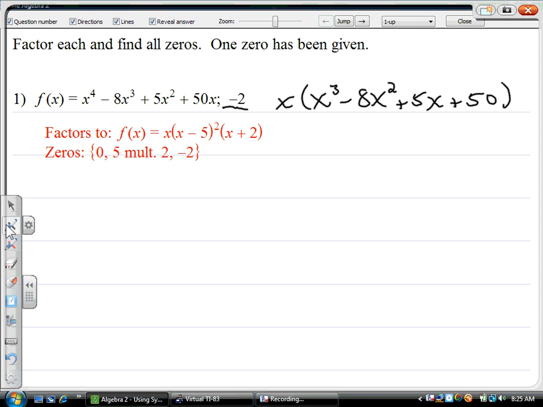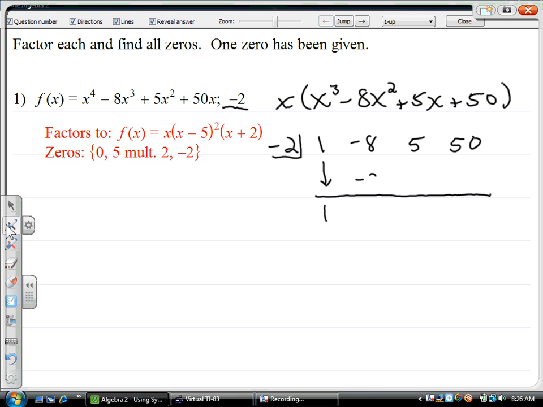So what we do is we put a root of -2 in a little box right here, and we bring down the coefficient of each term we have left in the polynomial. So we'll get 1, -8, 5, and 50. Now I'm going to bring this 1 down. Next we multiply that 1 by -2.